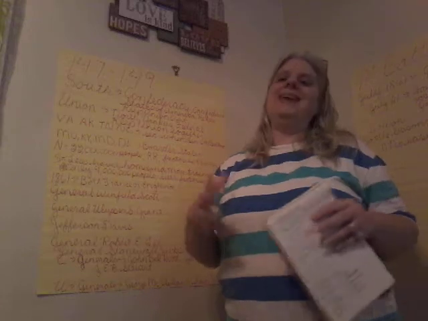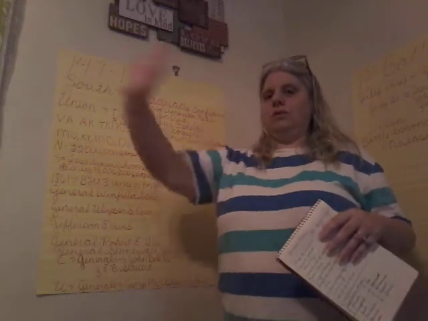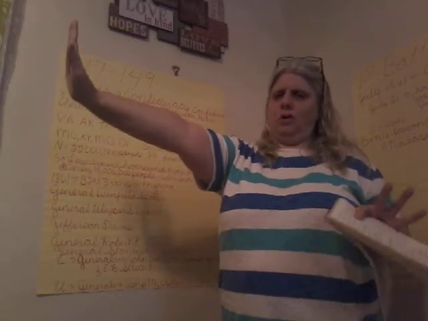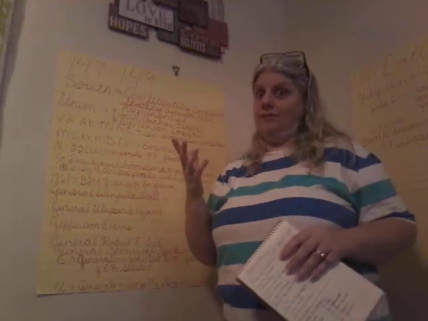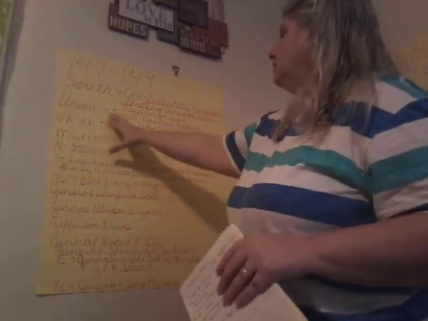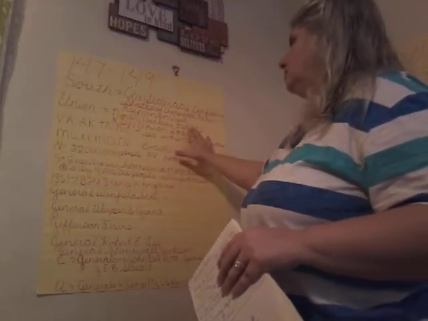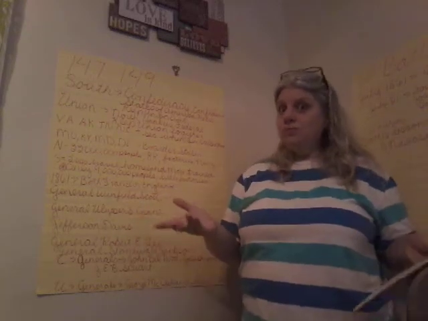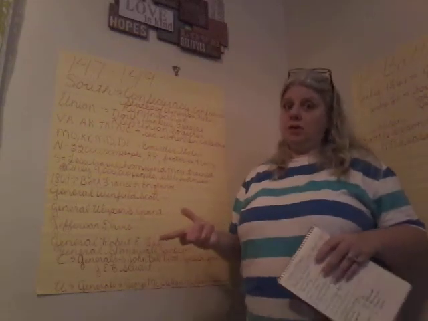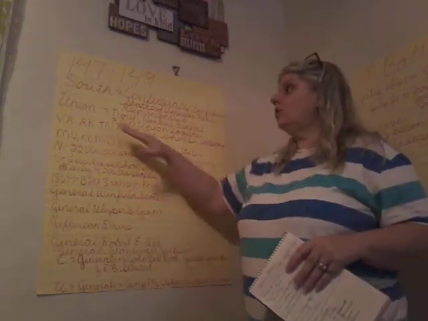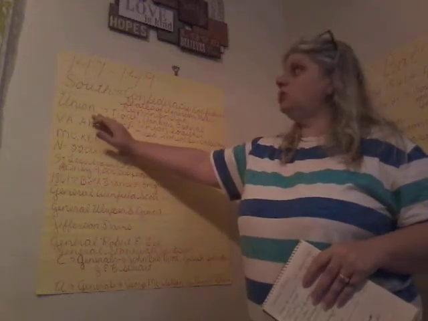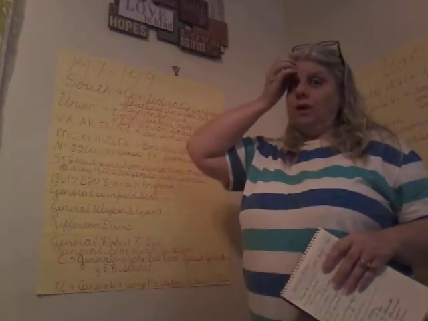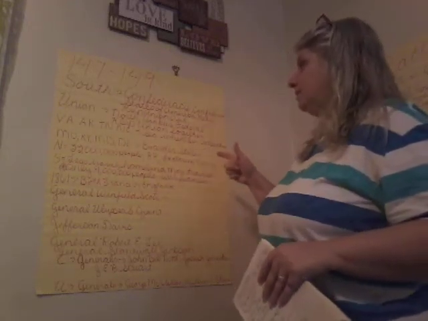And so they are trying to just keep the North at arm's length. Stay out, don't come in here. That's their goal in life, okay? The Union is known as the North, the Federals, the Yankees, the Yanks, and blue, and the United States of America. So when they talk about the United States of America, they are only talking about the Union at this time in history. They are not talking about the South, the southern states, all right?